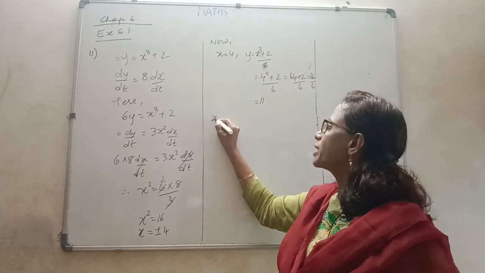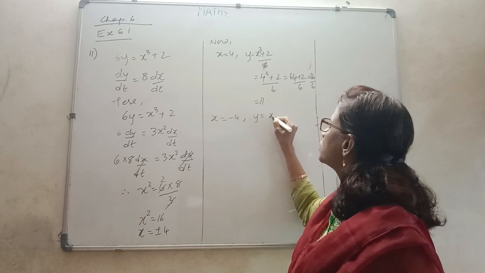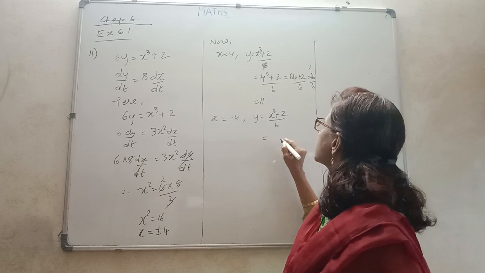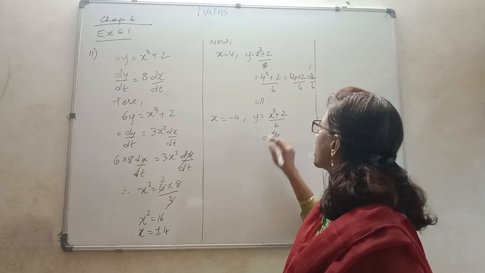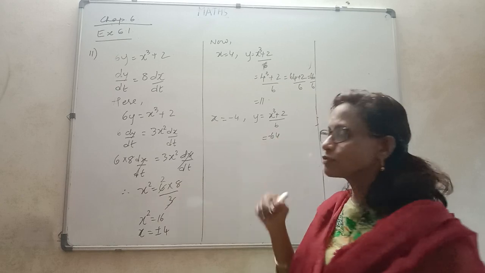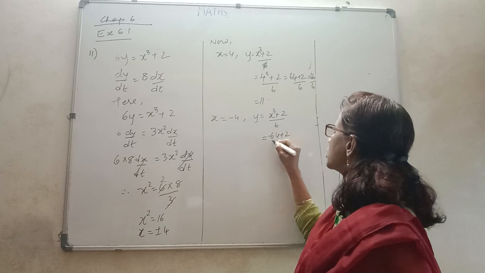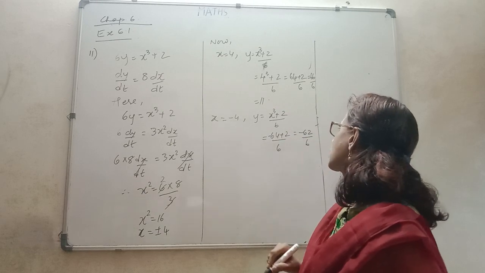Also if x is minus 4, in the same way, what is y going to be? x cube plus 2 by 6. Since x is minus 4, minus 4 into minus 4 into minus 4 is minus 64. Plus 2 by 6 gives minus 62 by 6.